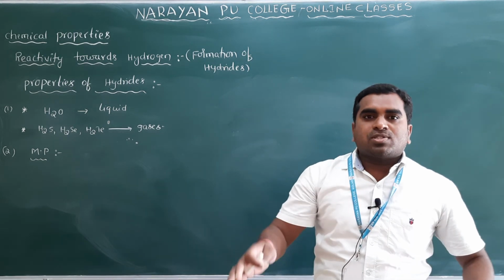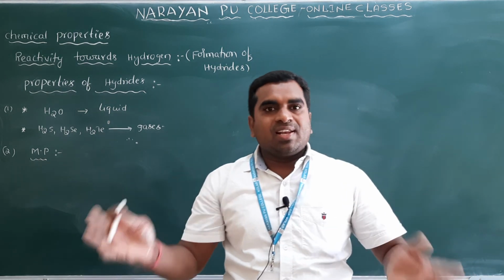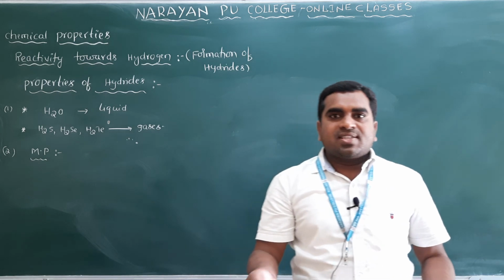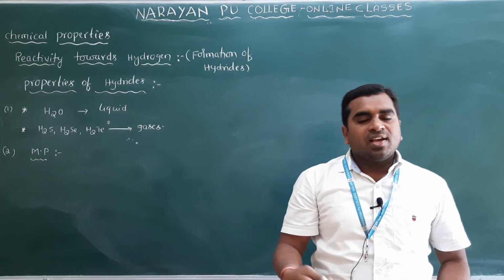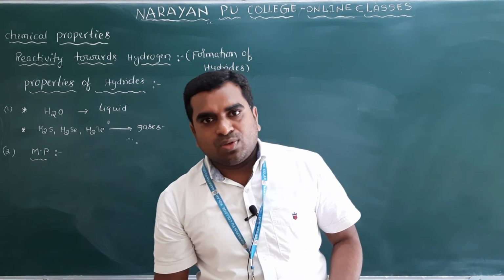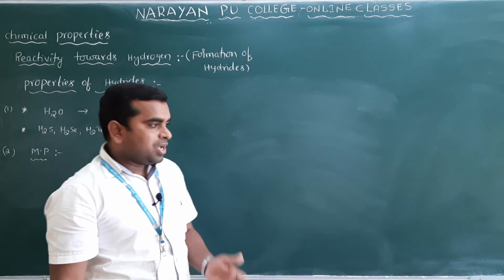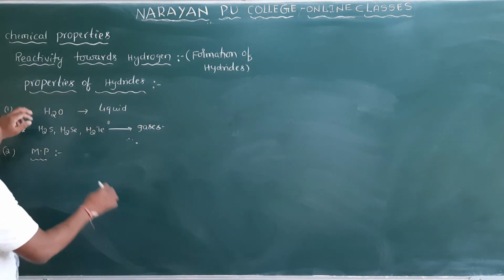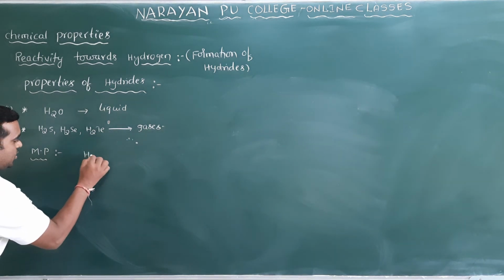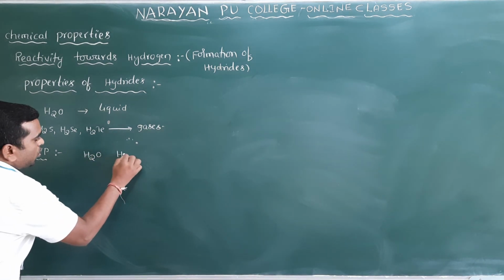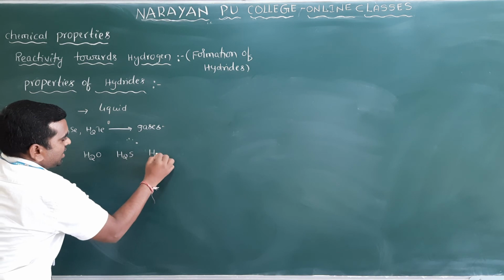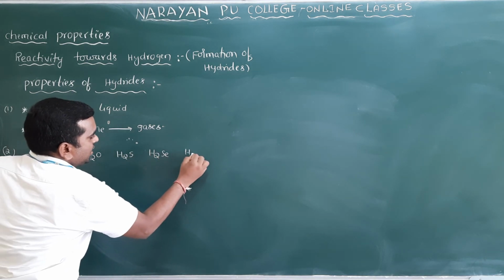As the molecular mass increases, size increases, and as size increases, van der Waals forces also increase. When van der Waals forces increase, melting and boiling points also increase. Clear? So what should be the order here? As you are moving from H2O, H2S, H2Se and H2Te.